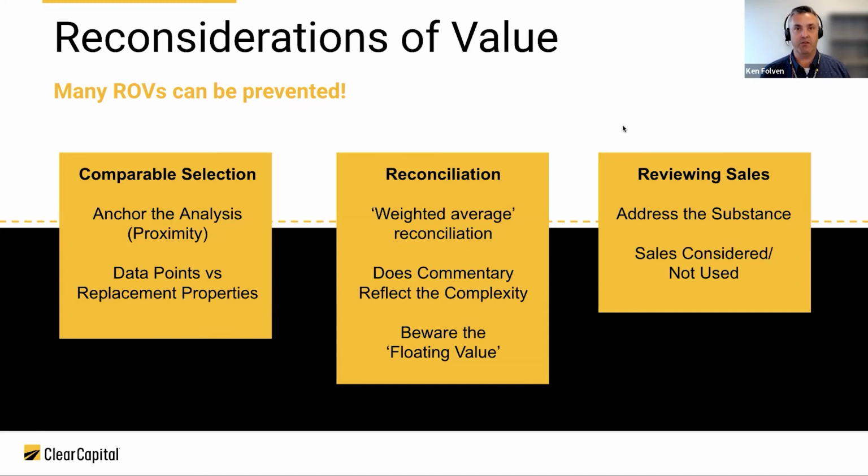They may not send you certain sales down the road during a reconsideration of value because it does not have one of those dominant features that you've already talked about. So I think that reconciliation piece is a key to minimizing some of these reconsideration of value requests. Agreed.